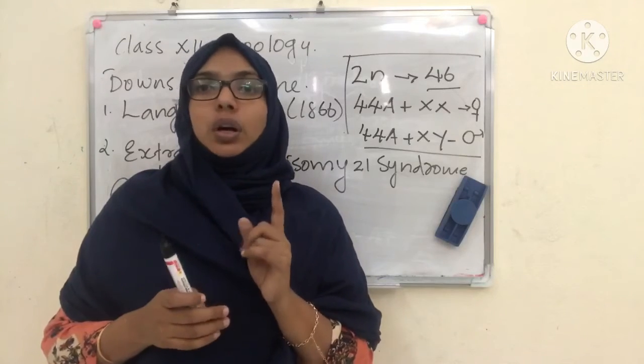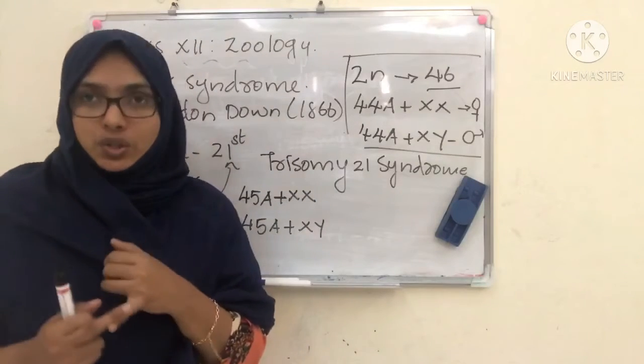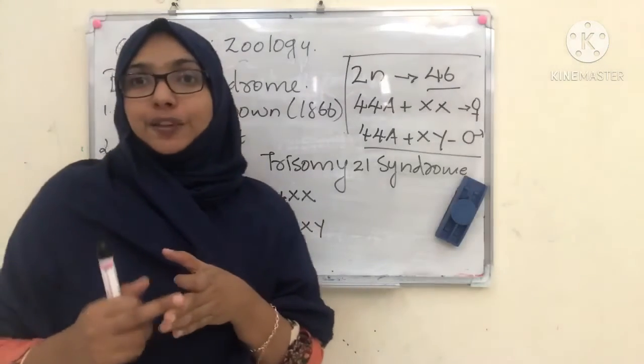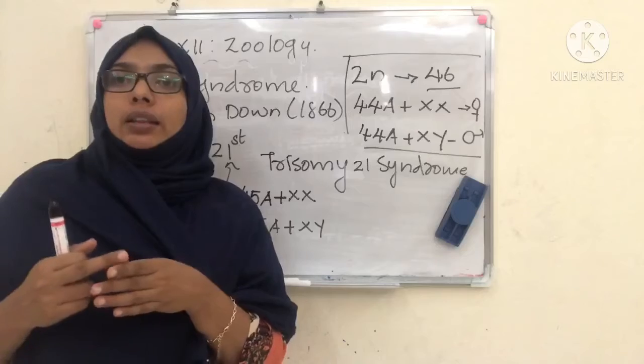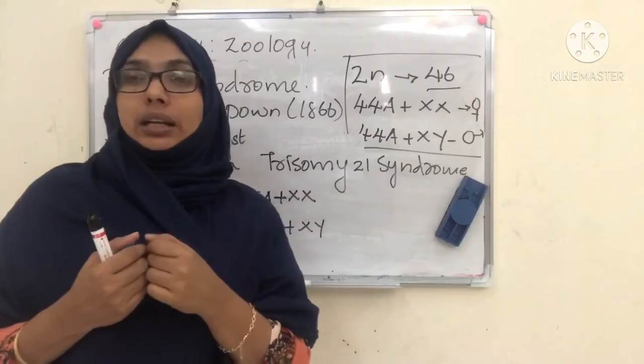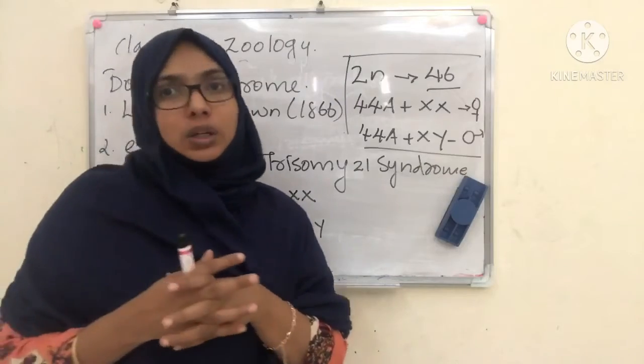So you have to check for the symptoms: short stature, mental retardation, puffed face, protruded tongue, furrowed fingers, and a furrowed tongue with a slit at the tip.